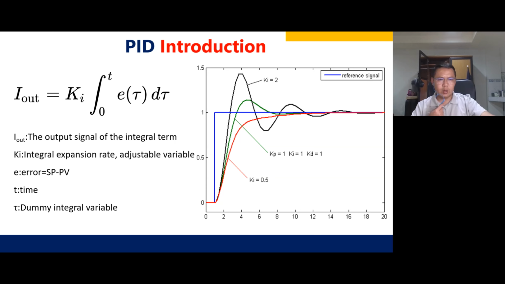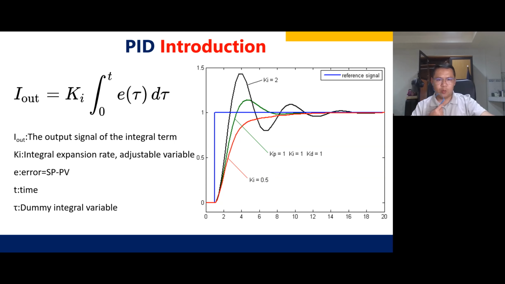The size of the effect of the integral term is determined by the integral gain.